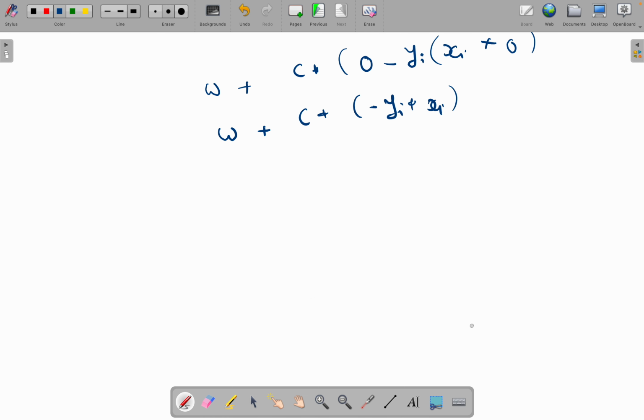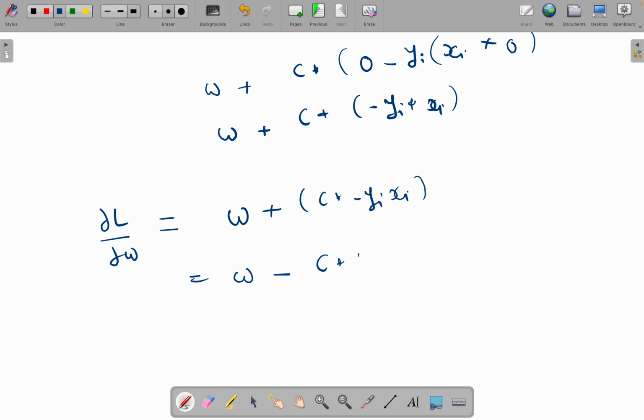So what would be our final equation will be, let's say consider this as an optimization function, del L by del W is equal to W plus c into minus yi into xi. This can be further simplified as W minus c times yi into xi, right?